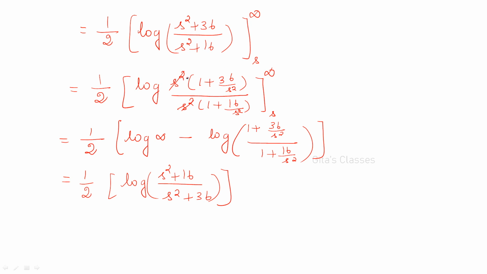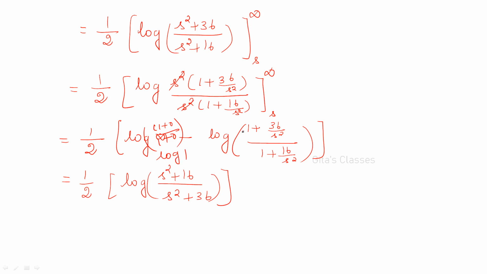So I am taking s squared outside. This is not infinity, it is 1. Log of 1 plus 0, divided by 1 plus 0. Therefore it will become log of 1 only. Log 1, which is 0.